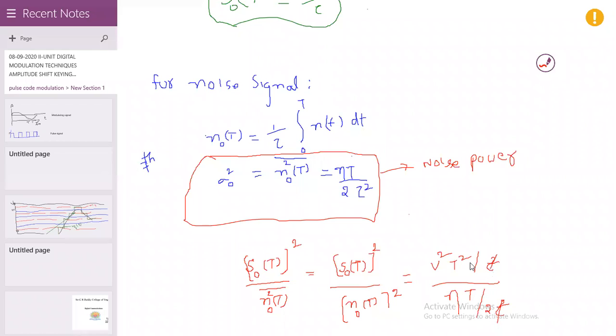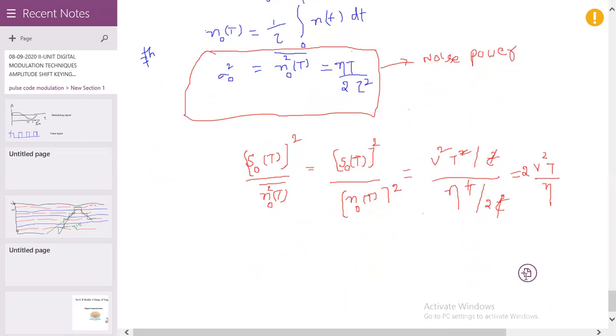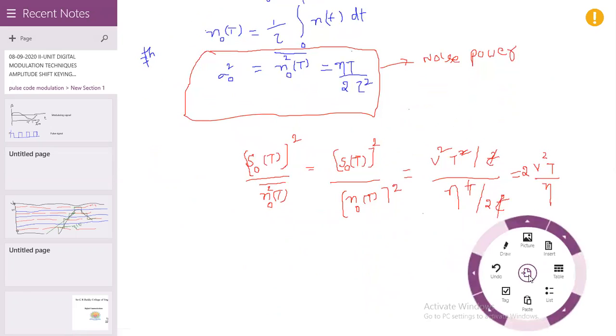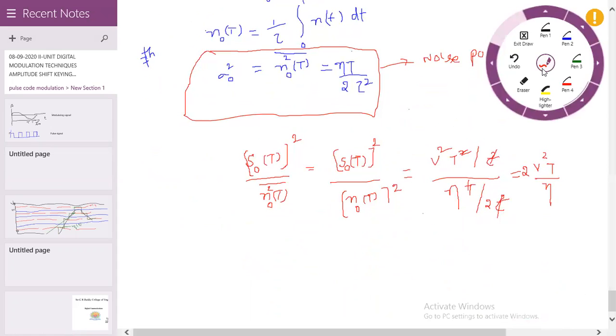Tau gets cancelled and t and t get cancelled, equal to 2 V square t by eta. So this is the signal to noise power at the output of the baseband receiver or integrator. This is very, very important.